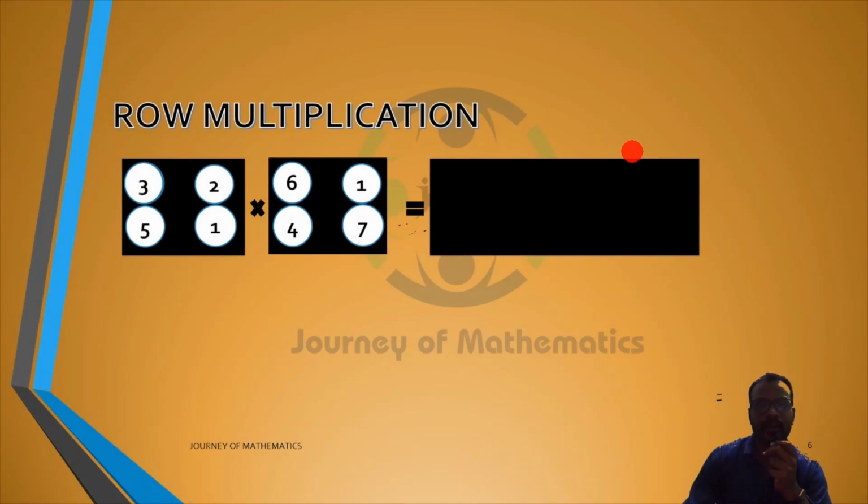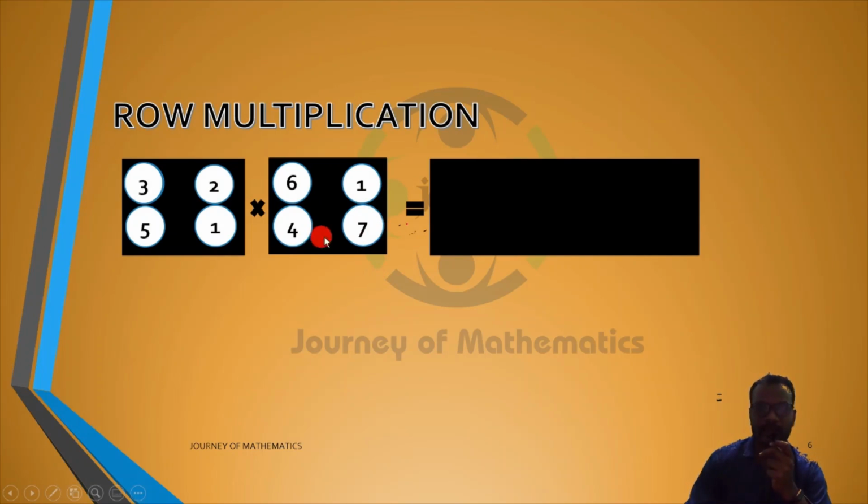Here I have taken two matrices. First is matrix A and next is matrix B. Here I am going to apply row multiplication for both matrices. First, take the first row in the first matrix and multiply the elements of the first row with the rows of the second matrix.